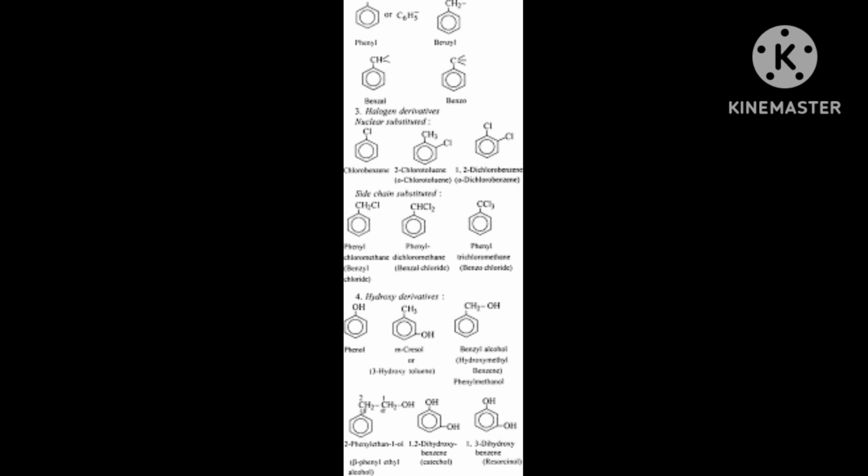Now the second example: benzene with an OMe group attached. Me means methyl, and oxygen is also attached. Its common name is anisole.